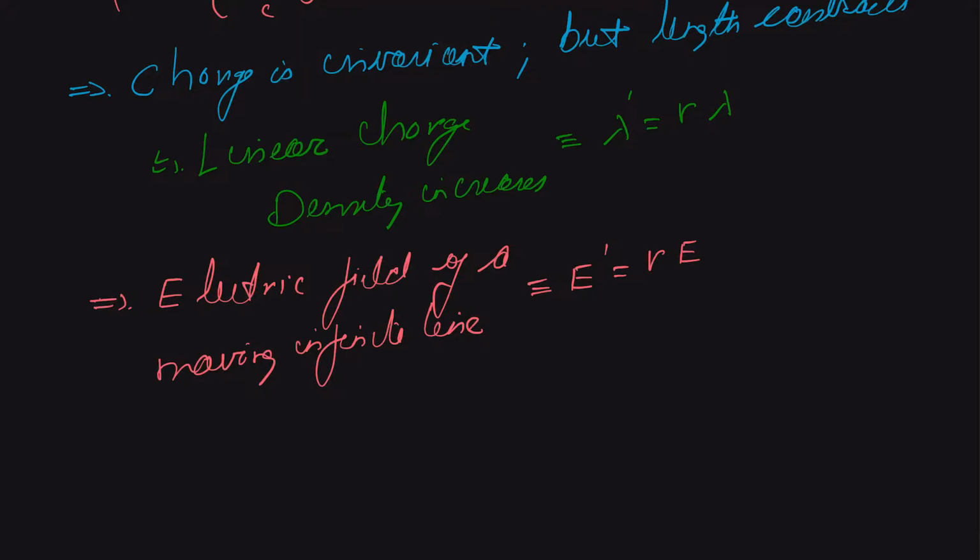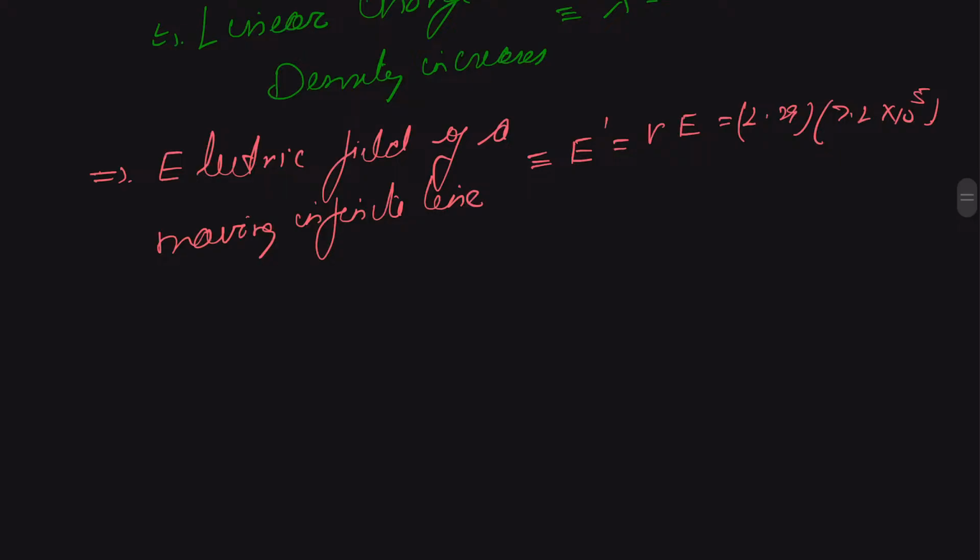Therefore we substitute the value of gamma, that is our 2.29. The original electric field we know is our 7.2 into 10 to the power 5. Therefore, we get that the electric field E prime when our wire is moving, filament is moving in this case, is 1.65 into 10 to the power 6 Newton per Coulomb.